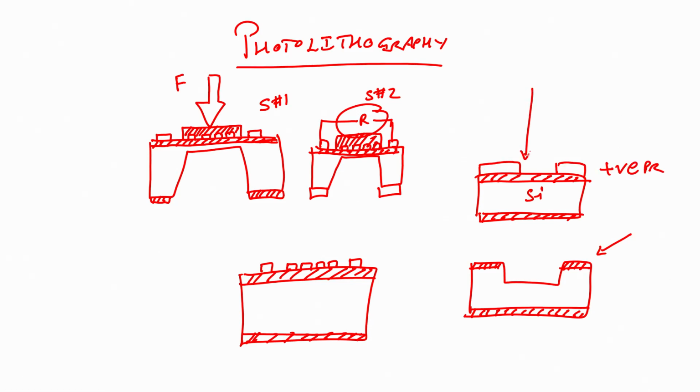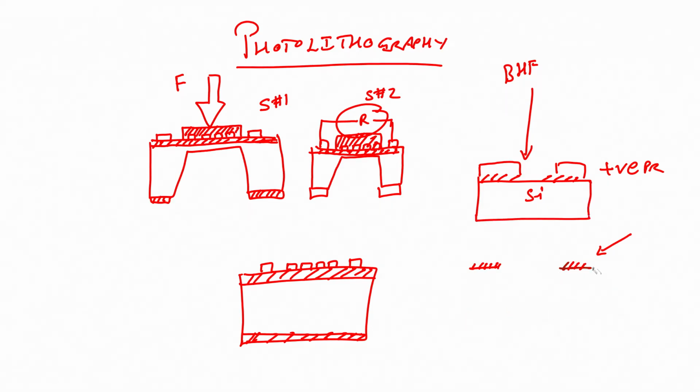Now, we will dip this wafer in BHF. When we dip this wafer in BHF, what will happen? The oxide will get etched like this. So, what do we have here?